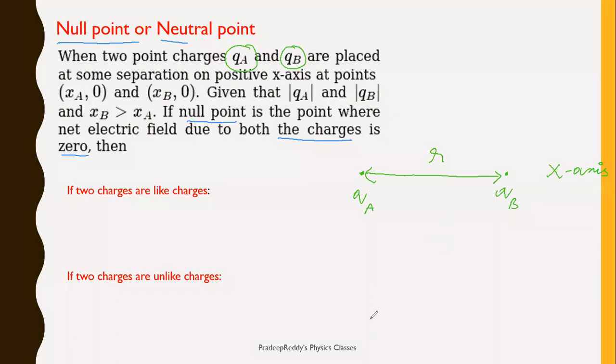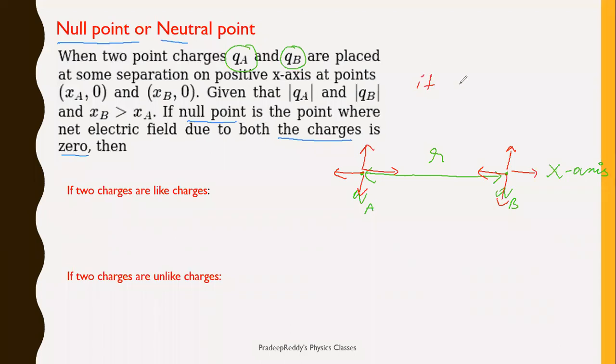So what you need to do, simply graphically we can locate a neutral point like this, like simply as it is positive charge, there will be field outward from this, and as it is also positive charge, there will be field outward from this, right?